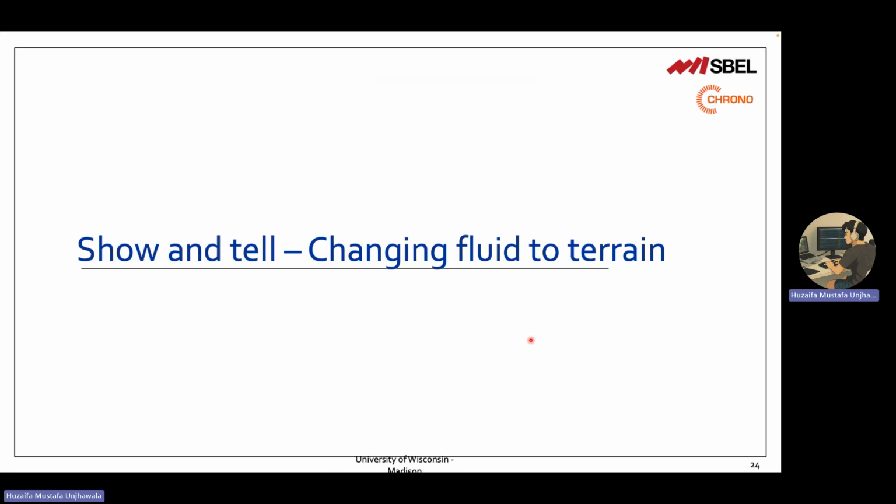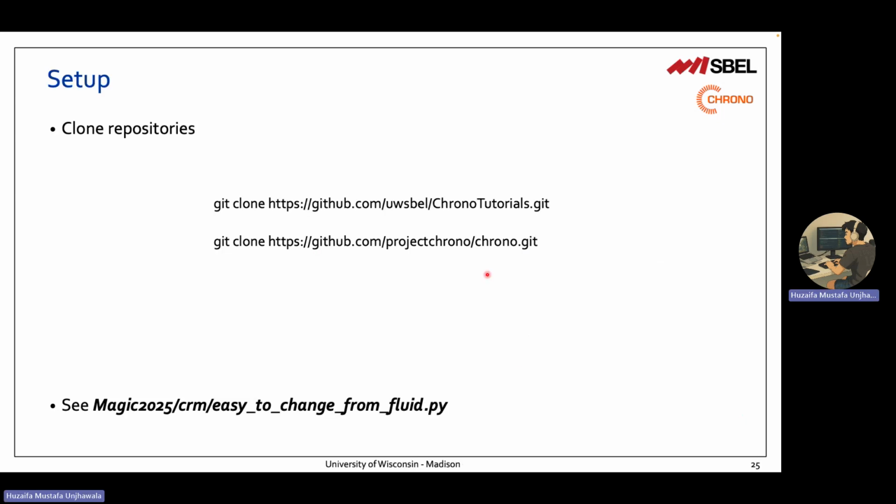Okay, so I'm going to do a show and tell. It's very scary for me because I'm going to live code, but we'll be changing the fluid simulation that we had in the previous tutorial. If you remember, it was a vehicle moving over a floating block, but now we are going to just put soil, and so the block won't be floating; it'll just be flat on the soil. Okay, so for this, clone the same old repositories.